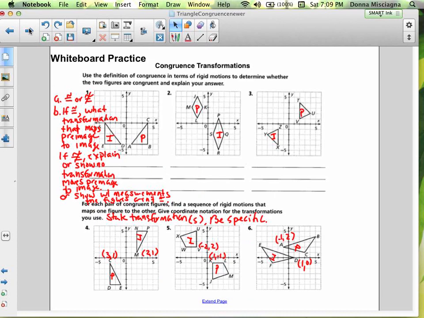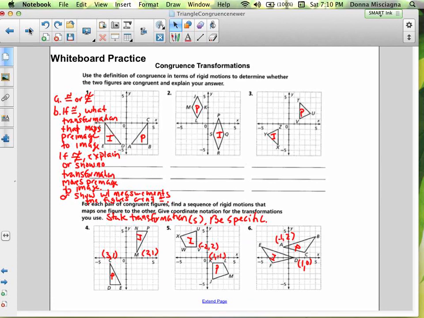So on part B it says, what transformation maps the pre-image to the image? If they're not congruent, explain or show that no transformation moves the pre-image to the image, or show with measurements that the figures aren't congruent. You need to explain why they are not congruent.